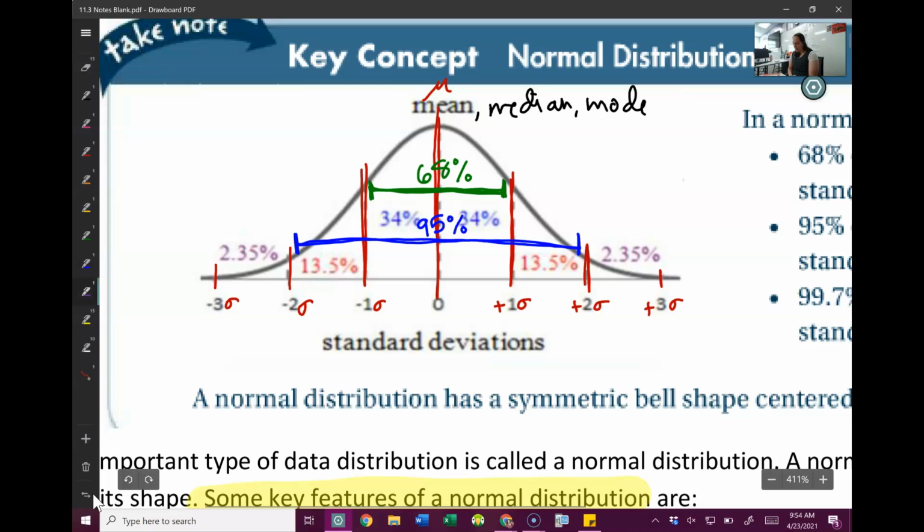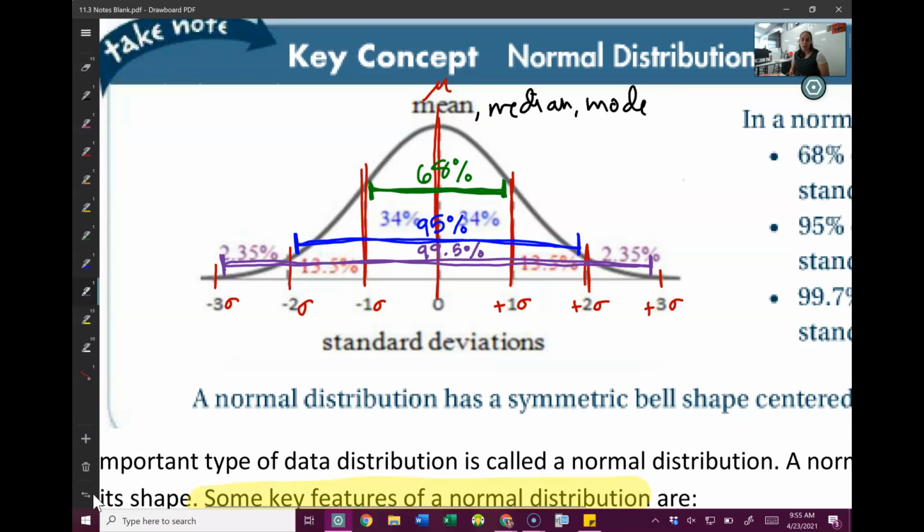And I can go even more. If I go 3 standard deviations from the mean, that has 99.5% of my data, which is almost all of it. So that kind of shows you once again, having something 4 standard deviations from the mean is extremely unusual because 3 standard deviations from the mean is almost 100%.